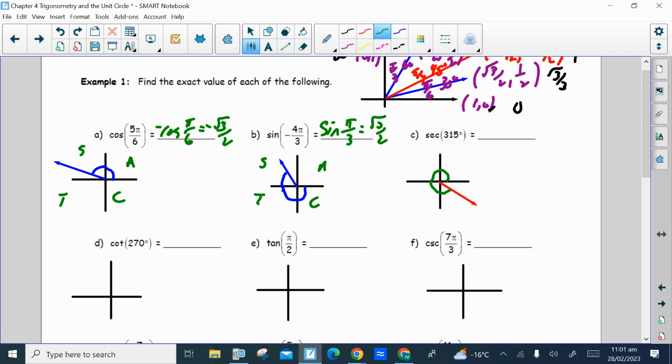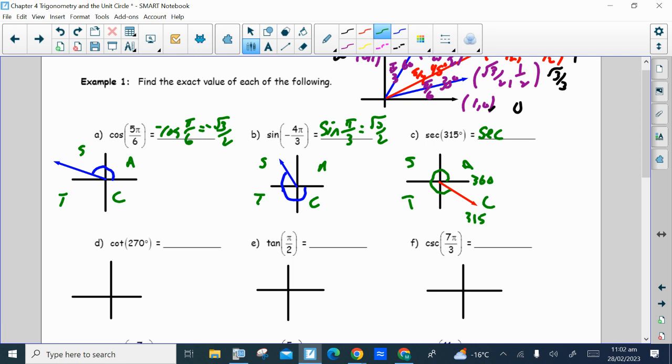So in this case, we want the secant, which is the reciprocal of the cosine. And because this is the C quadrant, the cosine will be positive. So the secant will also be positive. And the reference angle in this case will be the difference between 315 degrees and 360 degrees, because the reference angle is the angle between the terminal arm and the x-axis.